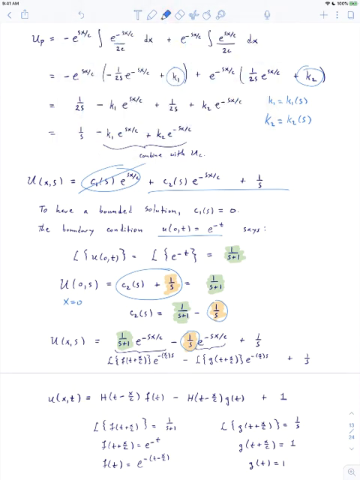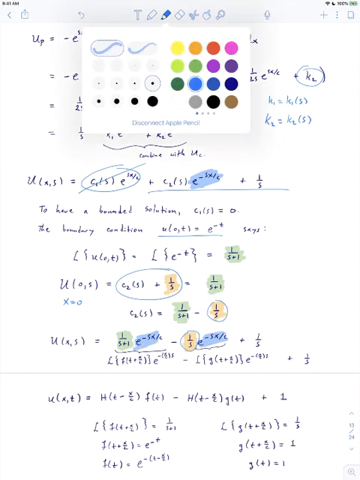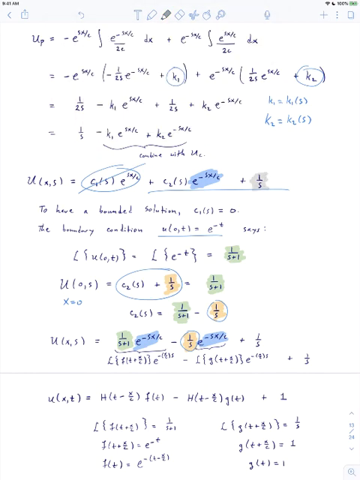I don't think I've used blue yet. So this term right here, that's this term. Now we still have this 1 over s, that's our particular solution. That 1 over s is the same as that 1 over s.